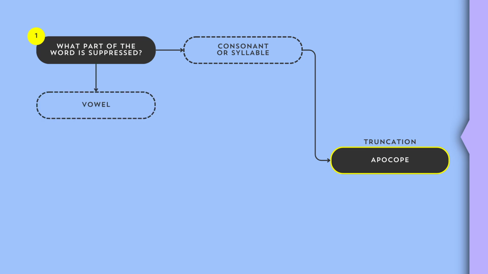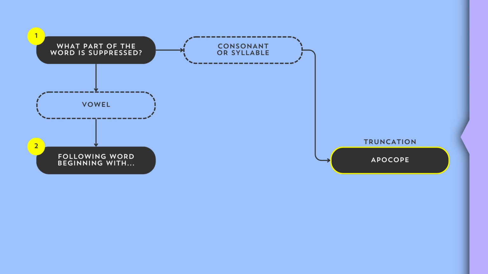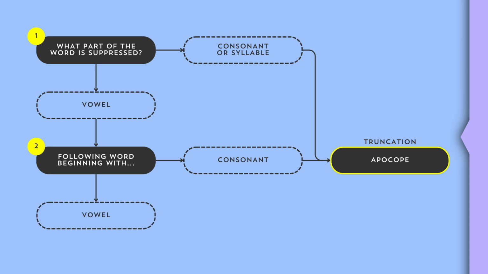However, if it's a vowel, it can be both an apocope or an elision. So, step 2. We have to check if the following word begins with a consonant or a vowel. If the following word begins with a consonant, we are facing once again an apocope. However, if it begins with a vowel, it can be again both an apocope or an elision.